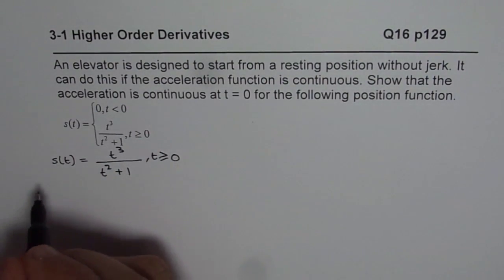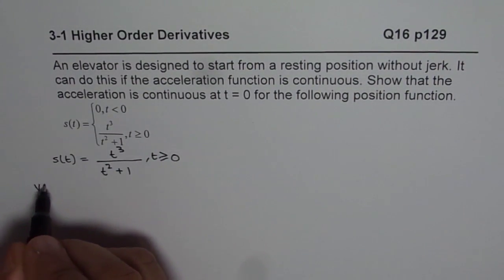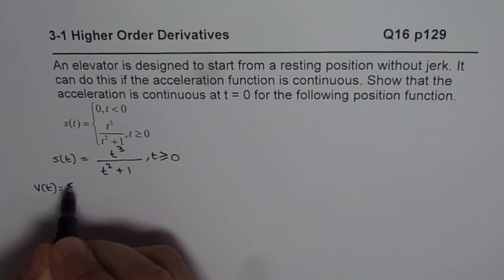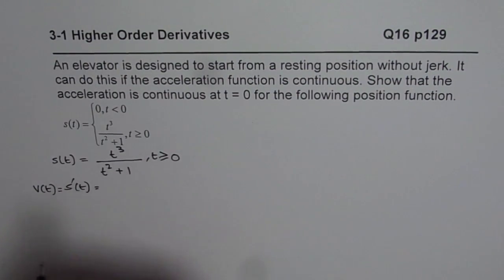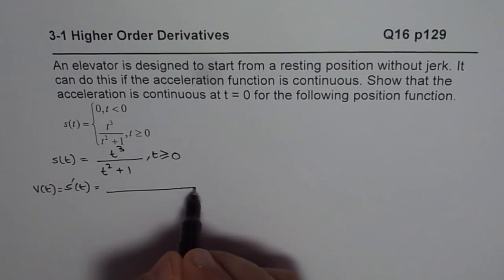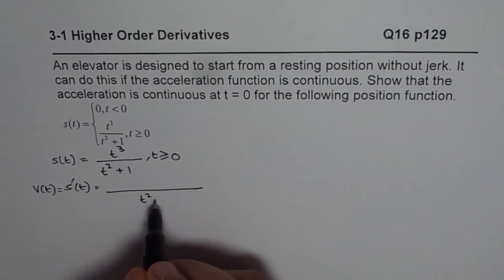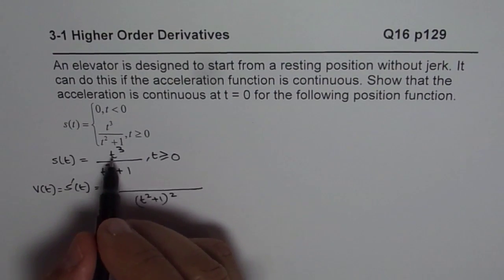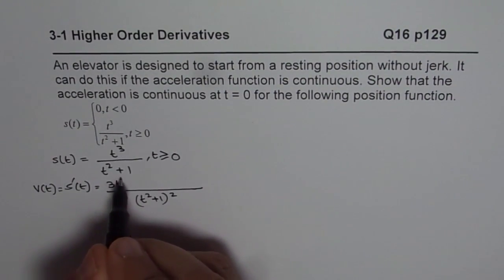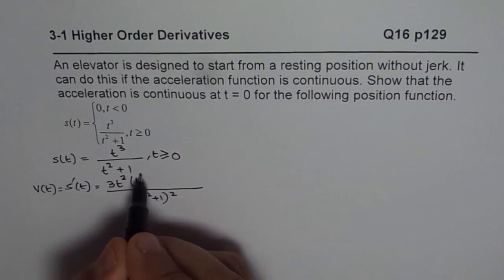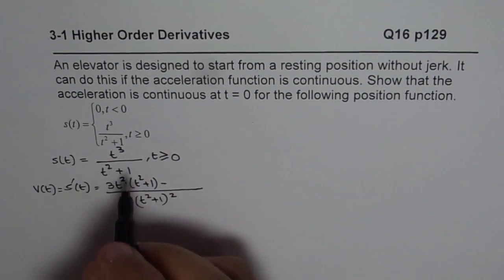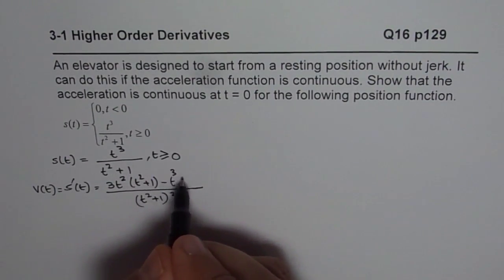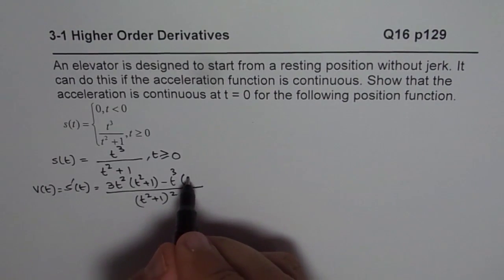Velocity is the first derivative, so v of t equals s dash t, and we'll apply the quotient rule. The denominator is t squared plus 1 whole squared. The derivative of t cubed is 3t squared, so 3t squared times t squared plus 1, minus t cubed times the derivative of the denominator, which is 2t.